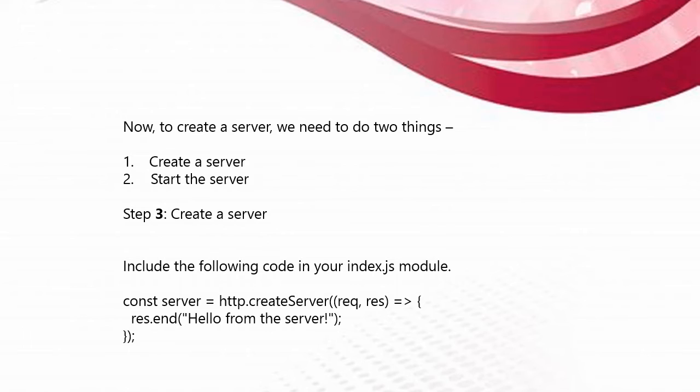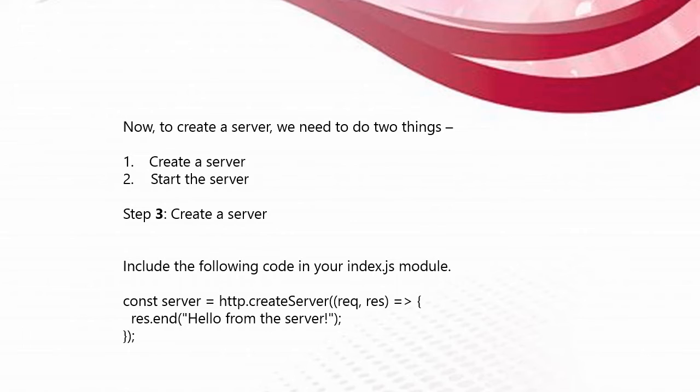The method accepts a callback function that gets called each time a request hits our server, and this callback function gets access to two very important and fundamental variables. As you know, the request variable req and the response variable res.